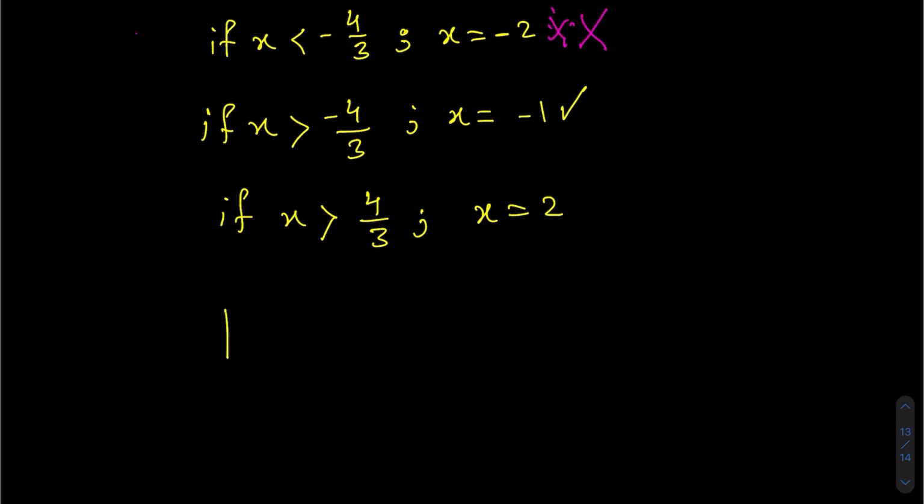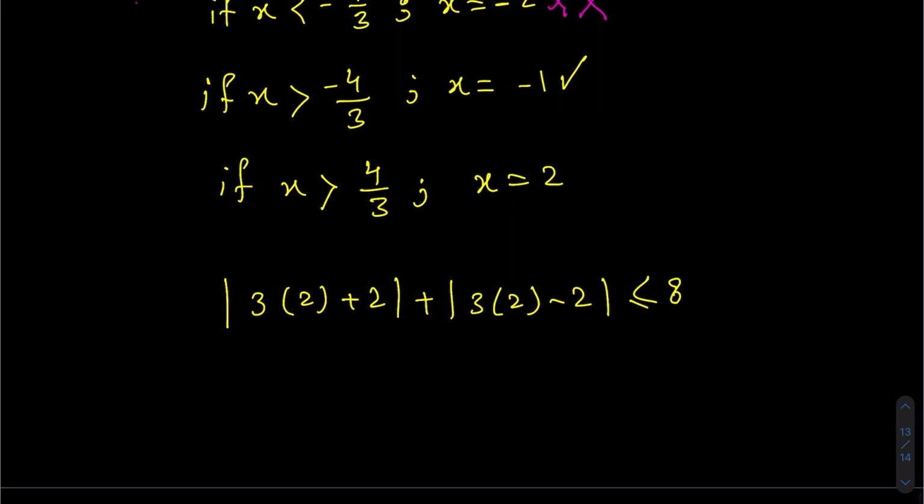So the absolute value of 3 times 2 plus 2, plus the absolute value of 3 times 2 minus 2, must be less than or equal to 8.